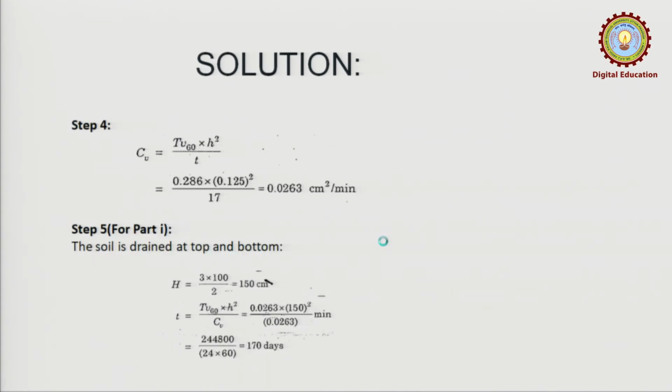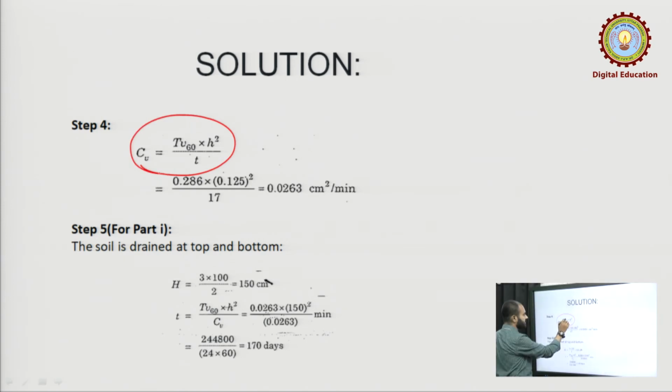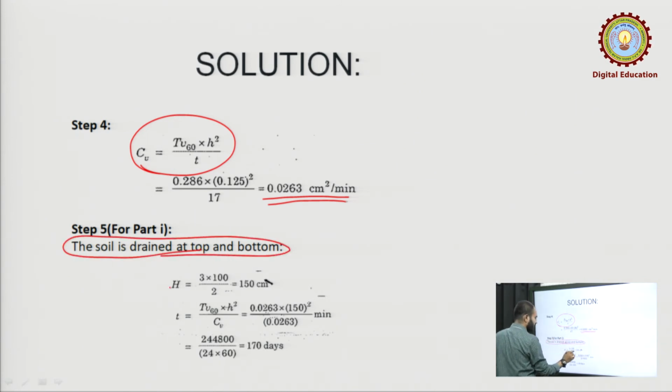Then finding out Cv, the same formula, Tv into H square by t, just putting the value we get the Cv value. Now, for part 1, drainage at top and bottom. Okay, drain at top and bottom. So, H will become half, as I already told you.